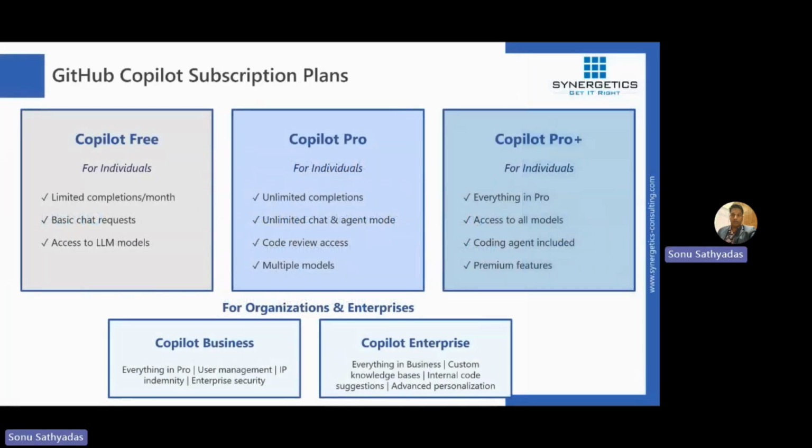Now the question, how can you try this? Since you are not part of any organization, meaning you are not working in any company, you may go and buy the subscription. Either you can pay and get a subscription with Copilot Pro and Copilot Pro Plus, or you can register with github.com and get a free subscription.